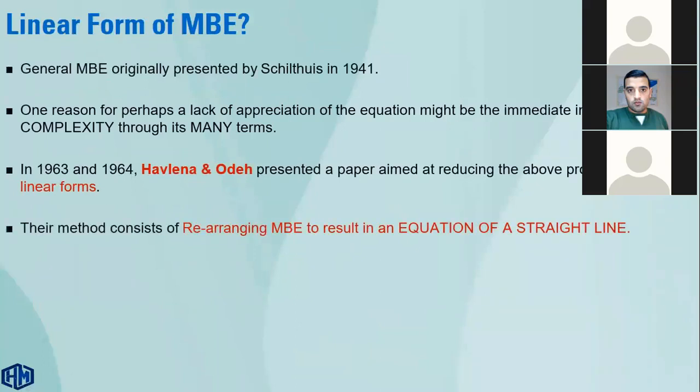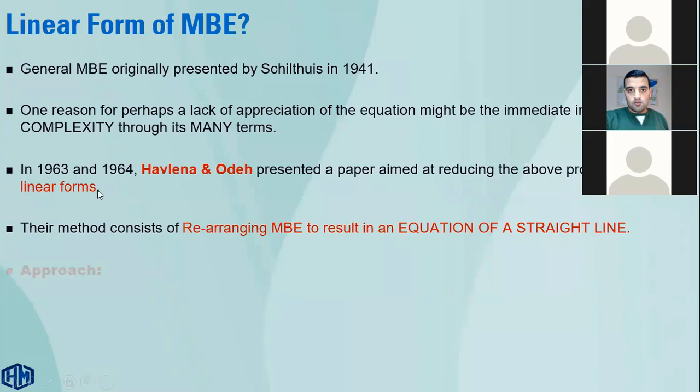Simply, we have a complex form of the material balance equation introduced in 1941. Then in 1963 and 1964, Havlena and Odeh presented a more simplified form of the material balance equation by rearranging the general equation to present an equation of a straight line.